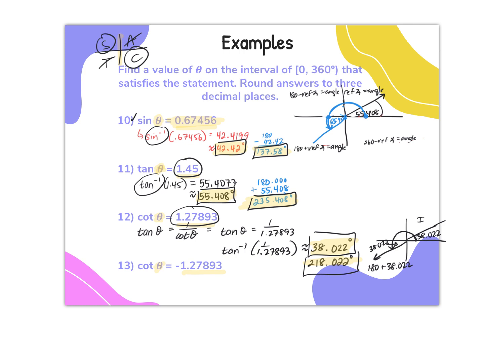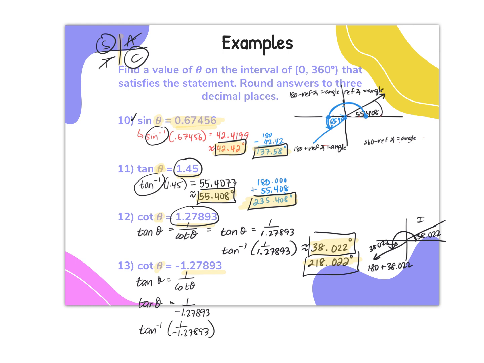If I just do the math here, I do tangent theta equals 1 over the cotangent of theta. That means tangent theta equals 1 over negative 1.27893, right? And I know then that the inverse, because I'm looking for the degree, is going to be this.